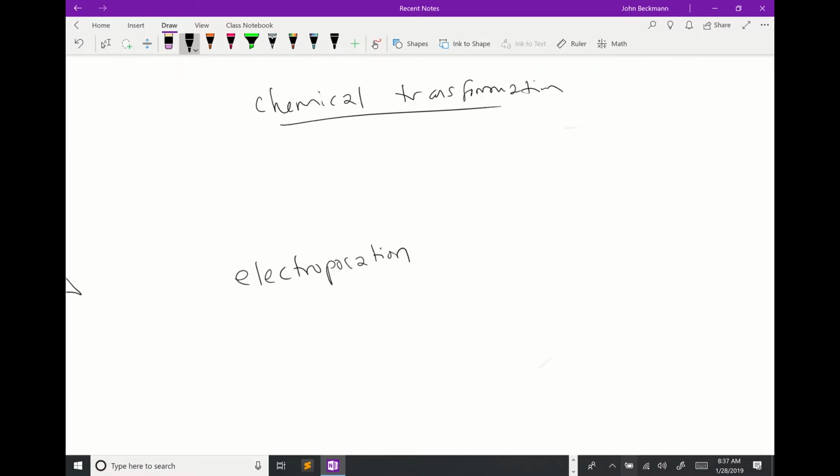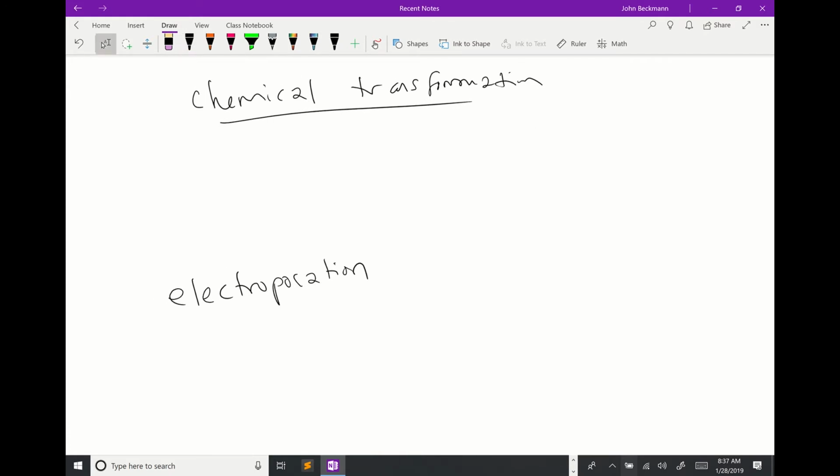If you denature its cell membrane, right? Yeah, good. So you're basically adding chemicals that, in theory, form pores in its membrane, and those holes allow foreign DNA to get into the cell. That's chemical transformation.